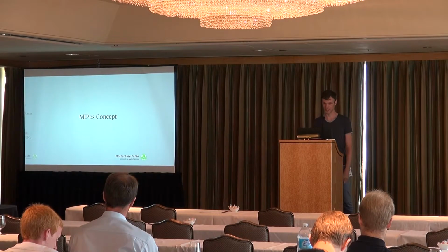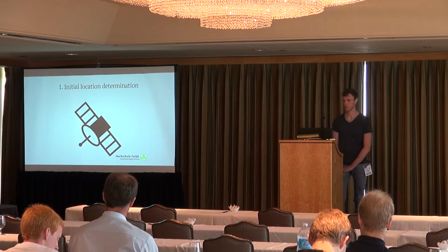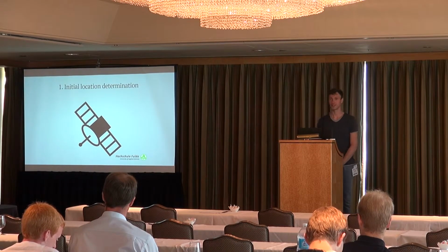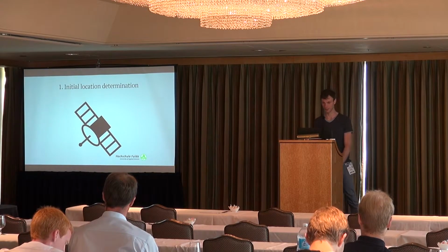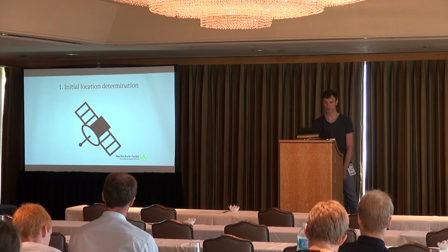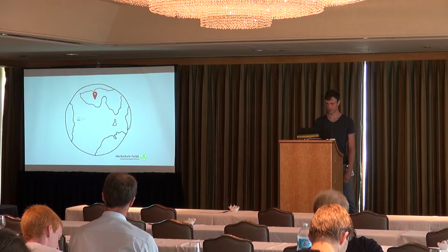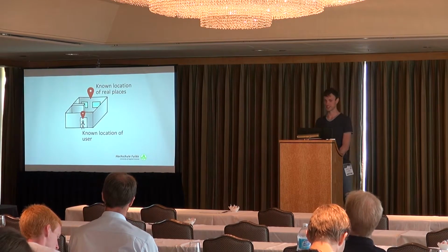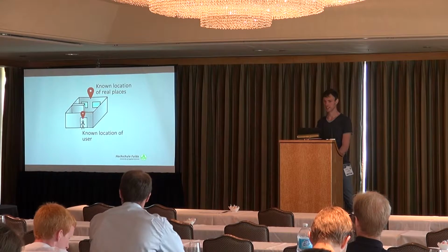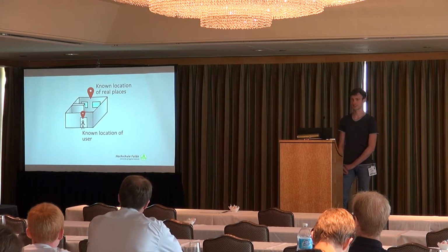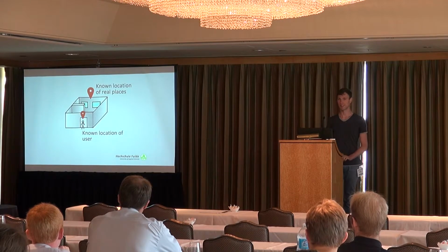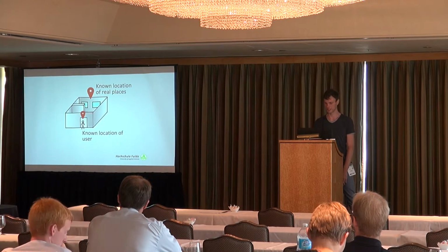The first step MIPos does is to get the initial location of the user and the virtual scene on Earth, which is done by the geolocation API. Accessible virtual scenes are stored in a database and defined with several metadata, which is used to identify if a user is close to a virtual scene.